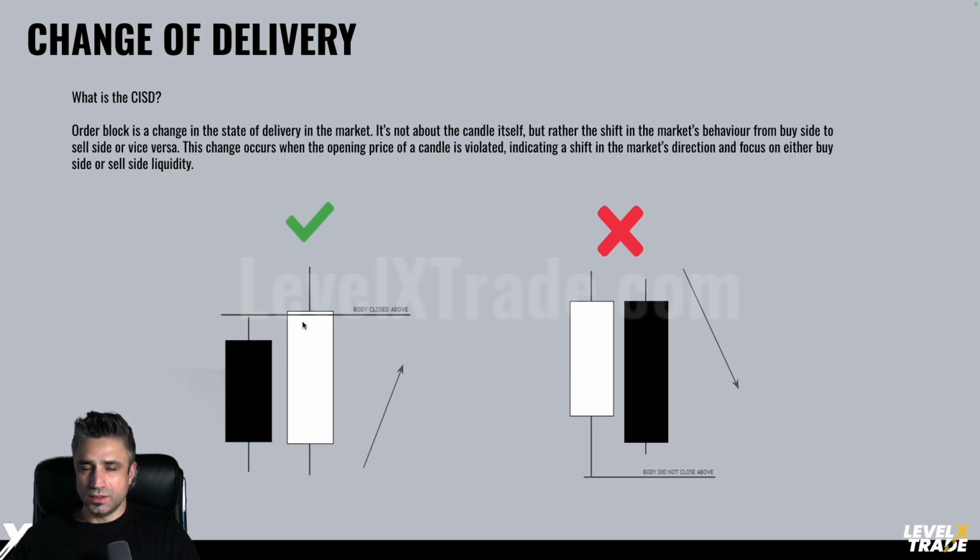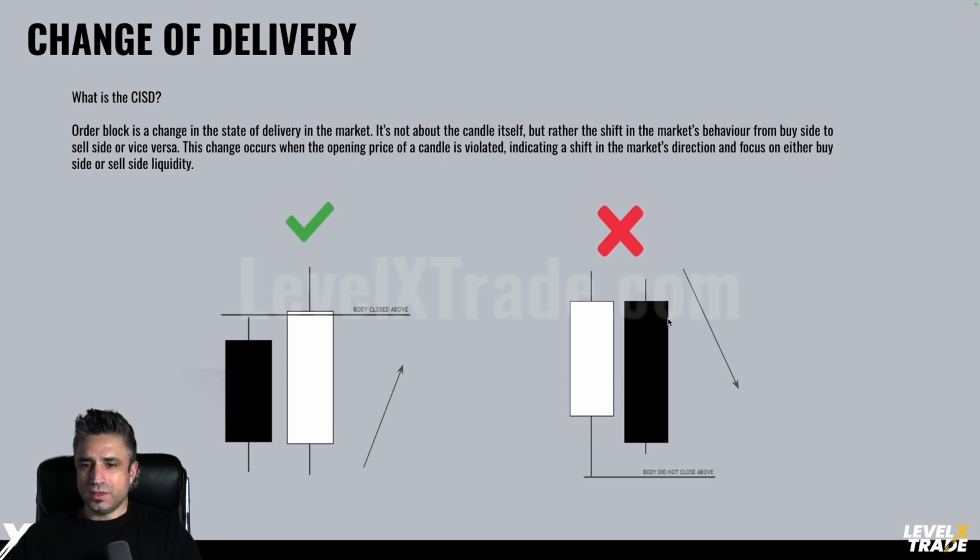Some people consider this just by closing above the body of the previous candle. I like to be a little bit more on the safe side. So if it closes above the wick or the highest point of the previous candle, that black one now becomes an order block. The changing state of delivery is basically saying, hey, now we are forming what is called an order block.